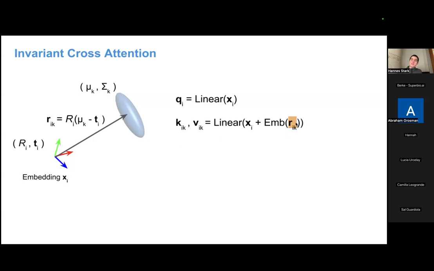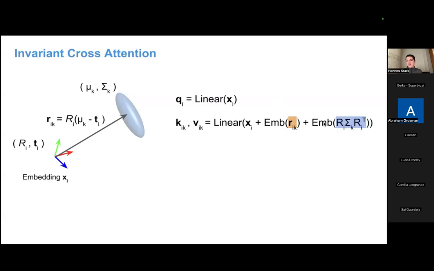You can just feed that into a simple linear layer, and all these numbers will be embedded in an SE3 equivariant manner. And then we add this to the initial representation of the layer to construct our keys and values.